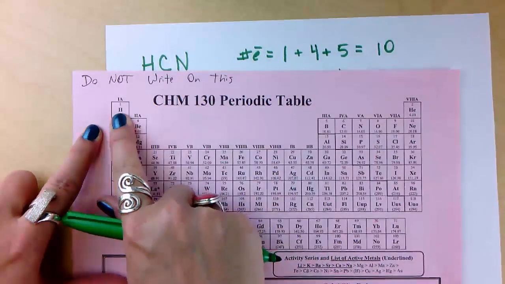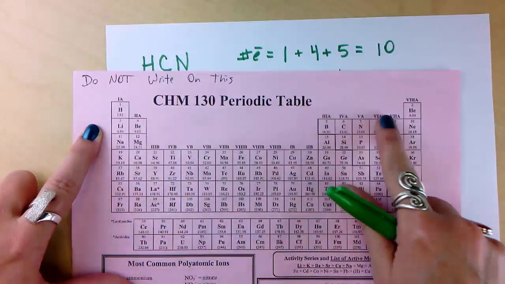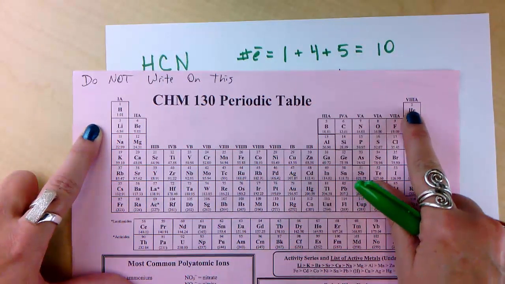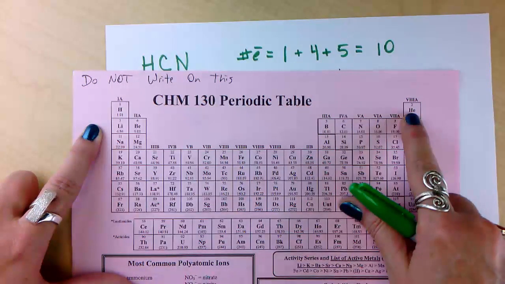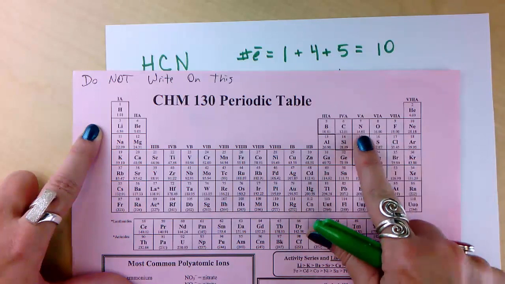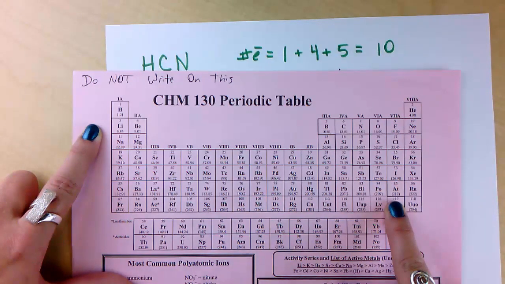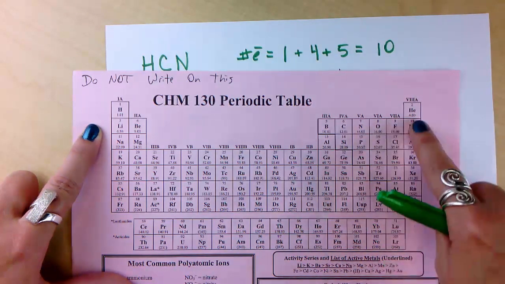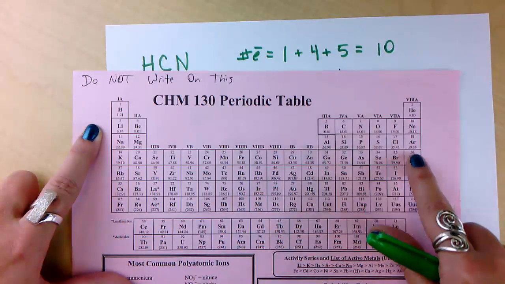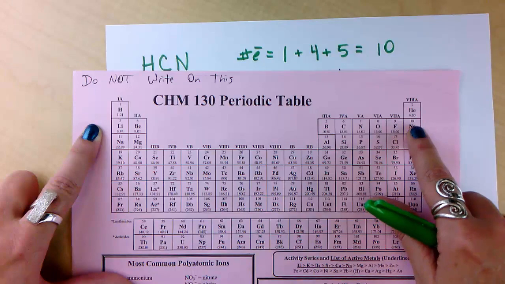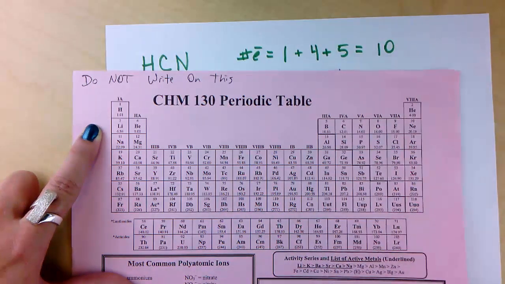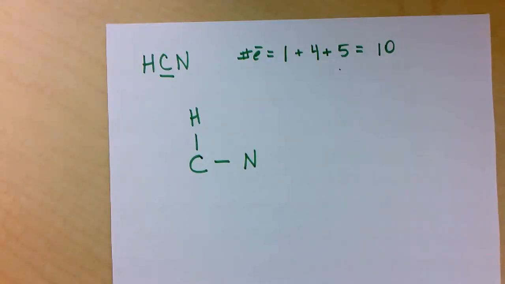Well, hydrogen's closest noble gas is helium, which only has 2 electrons. So hydrogen wants to be like helium. Everybody else that's a nonmetal wants to be like their nearest noble gas, and starting with neon on down, they have 8 outer electrons in their s and p orbitals. So hydrogen just needs 2.